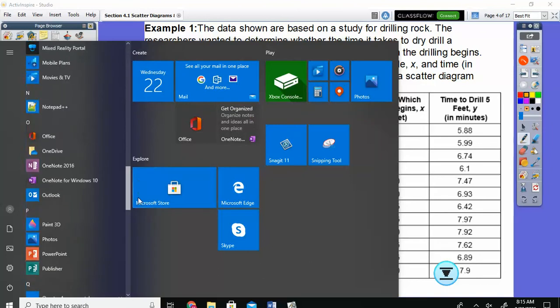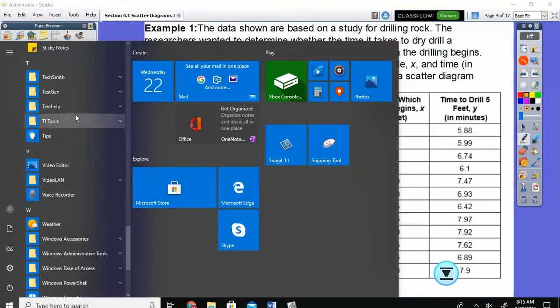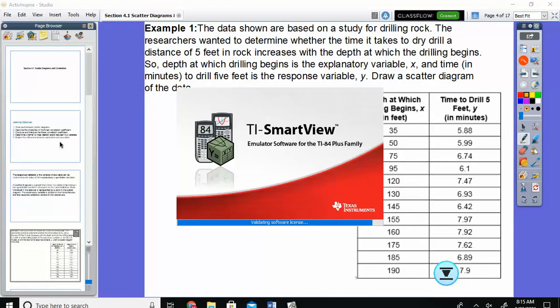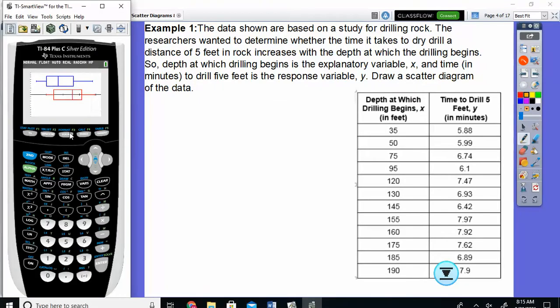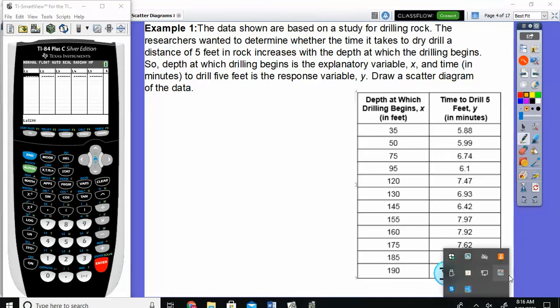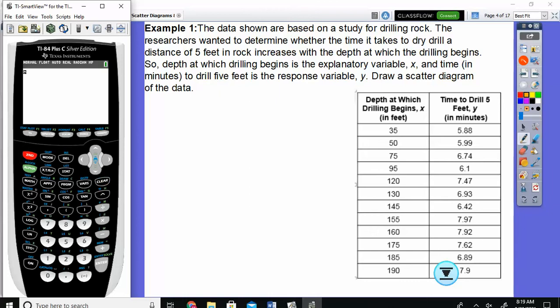You need to go to your L1 and L2, and you enter your x in L1 and your y in L2. Stat, edit, clear out what's there, and enter your x and y. Now if we go to second stat plot, you might have both plots turned on from yesterday, so we only want one plot here.